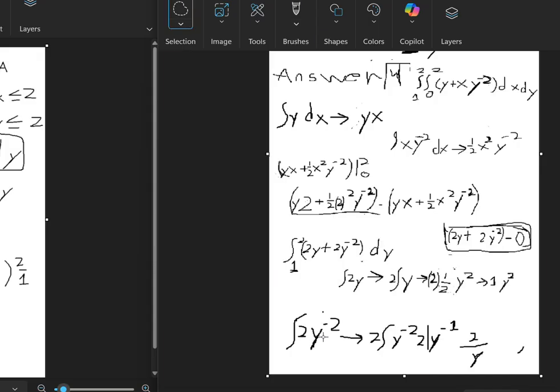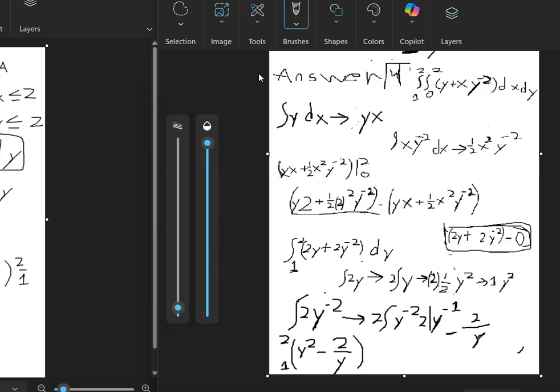So for the 2 times Y to the negative 2 power, when you integrate it, you bring out the 2 first, then you have Y to the negative 2 power, and it becomes Y to the negative 1 power, which is just 1 over Y, and then you bring back the 2, so you get a 2 over Y. I mean negative 2 over Y. Don't forget the negative.